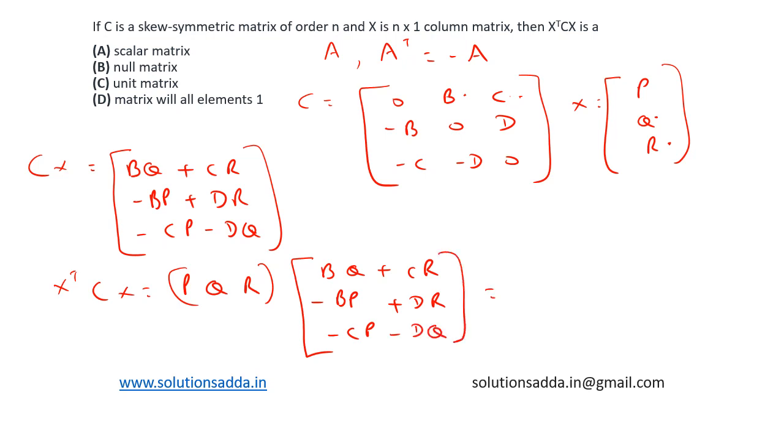What would be the result? We will get PBQ plus PCR minus PBQ plus QDR minus PCR minus QDR, which we can rewrite by cutting all those plus and minus terms.